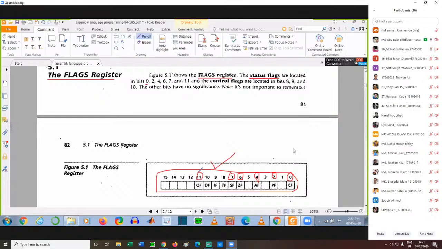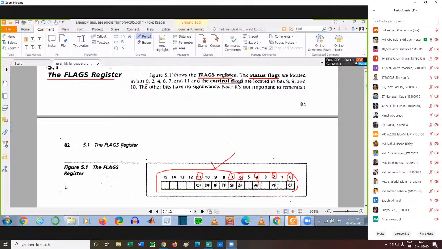In total: one, two, three, four, five, six. Yes, there are 6 status flags in the 8086 processor, and the rest are control flags.